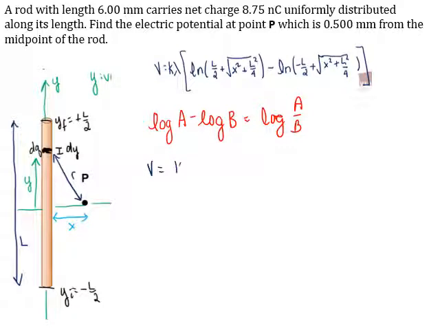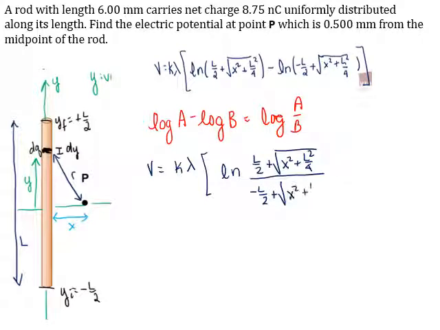Now our potential is V equals k times lambda times the natural log of L over 2 plus the square root of x squared plus L squared over 4, divided by minus L over 2 plus the square root of x squared plus L squared over 4. Okay, you could maybe simplify this a little further, but this is pretty much okay for now.